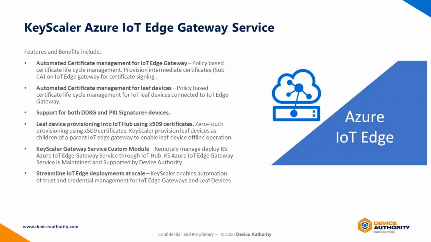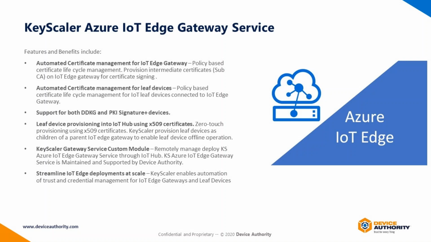So, what are the benefits of the Edge Gateway service? As I mentioned before, it is the automated certificate lifecycle management for the gateway and leaf devices. This technology also supports DDKG and PKI Signature Plus authentication methods. We can provision these leaf devices and gateways automatically into Azure services using DPS and directly into IoT Hub, and it is available as a custom module.